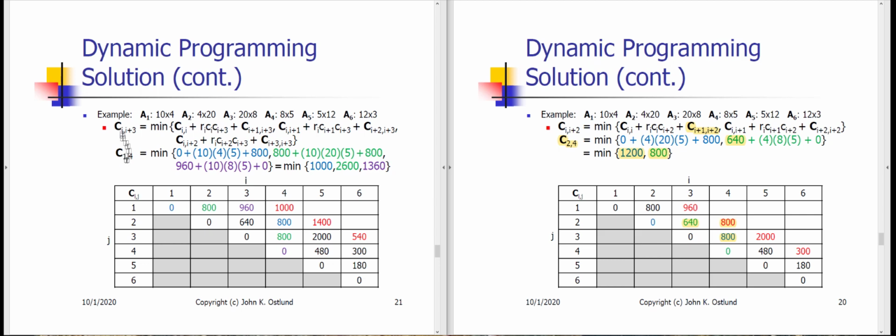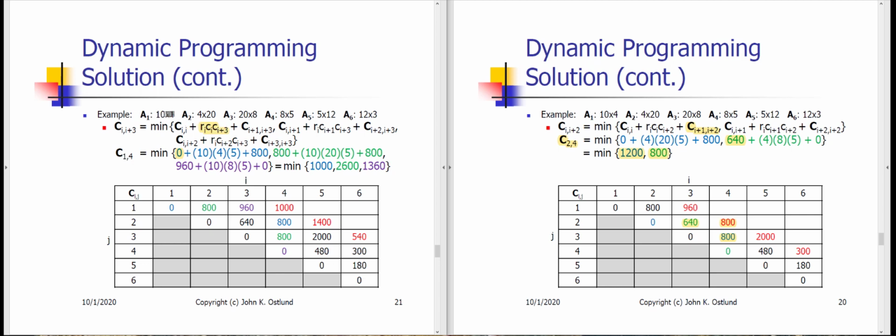In order to get C14, there are 3 possibilities. We can either ignore A sub 1 to begin with and do it last. We can add that 0 to the rows in A1 times the columns in A1 times the columns in A4, pardon me.